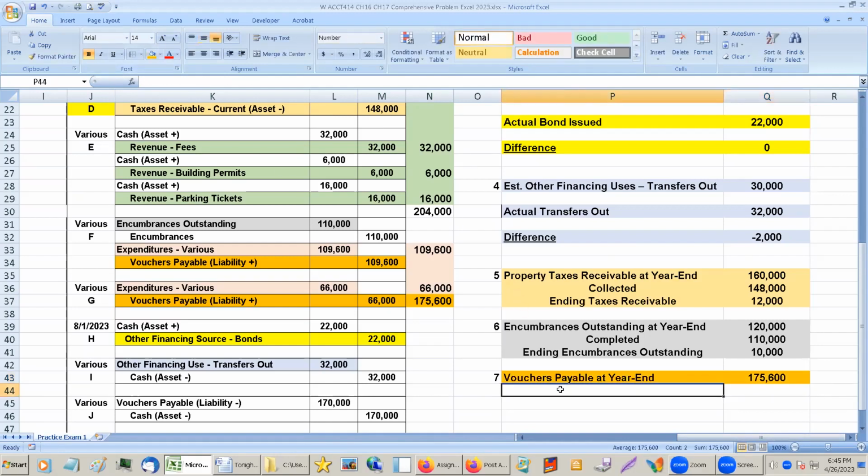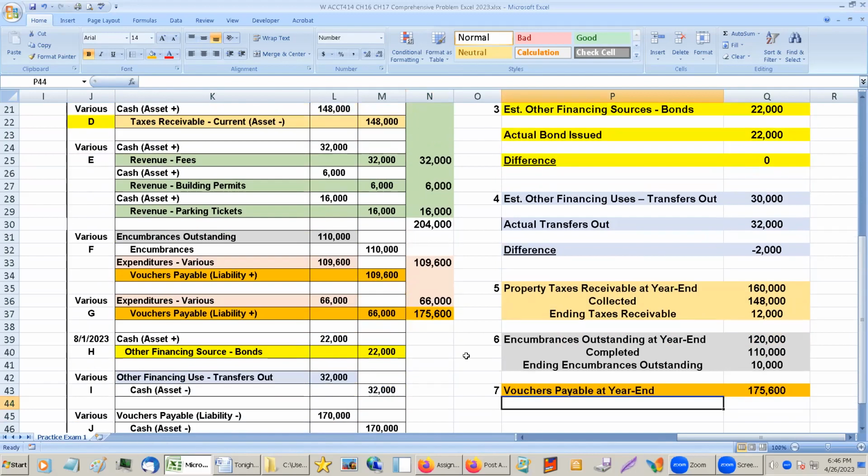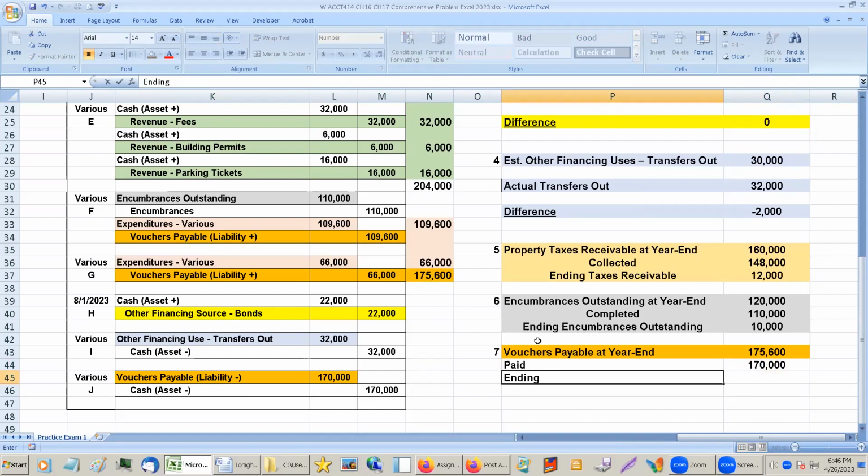All right, and we paid down here. We paid 170 of those.